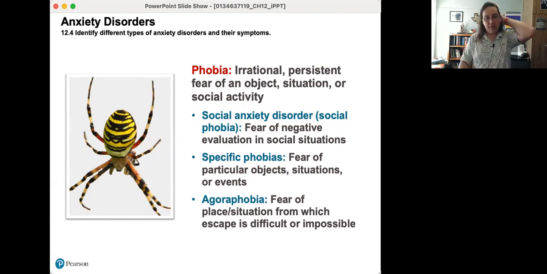Okay. So anyway, we talked about agoraphobia. Oh, no, I'm sorry. Did we? I don't think we did. Agoraphobia, it says, is fear of a place or situation from which escape is difficult or impossible. Now, the actual term agoraphobia is derived from fear of open spaces, and it's not necessarily fear of open spaces.